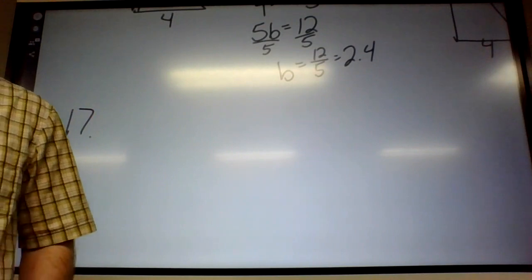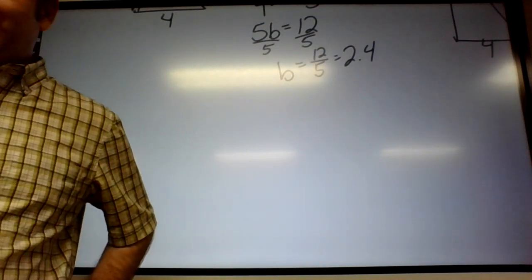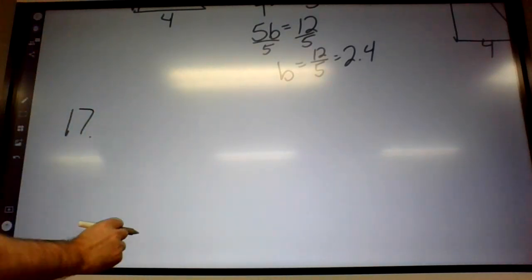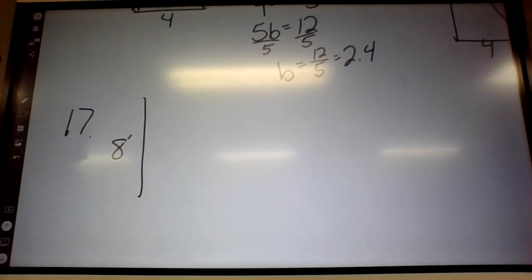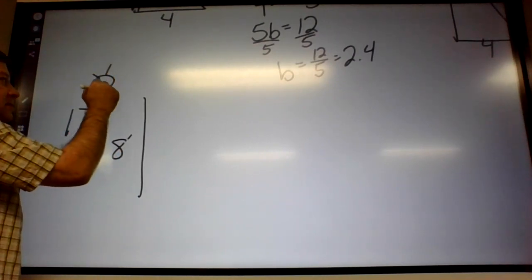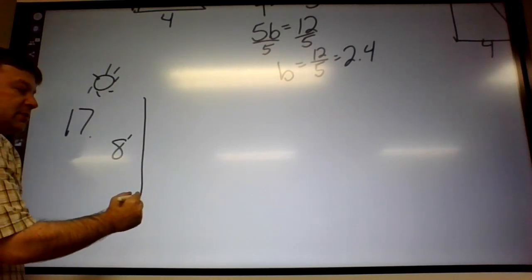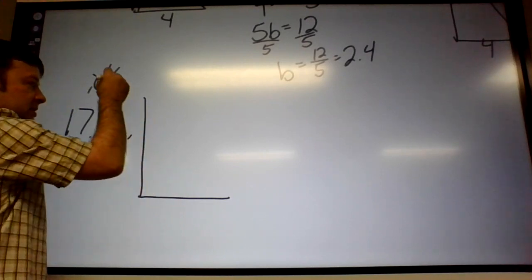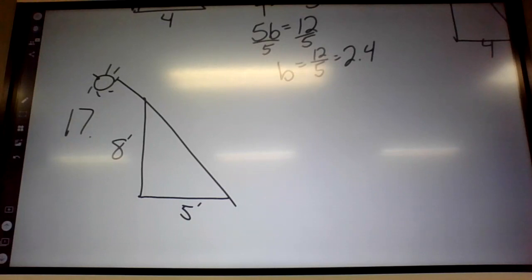Number 17. Find the height of the flagpole in front of a school if an 8-foot pole casts a 5-foot shadow. So an 8-foot pole, how should I draw a 5-foot shadow? What direction is the sun? We'll say the sun's right here. The shadow is on the ground, right? The sun shines down, and here's a 5-foot shadow, so 8 over 5.